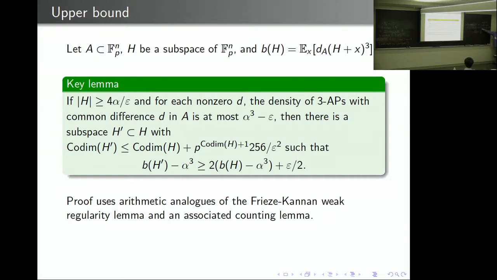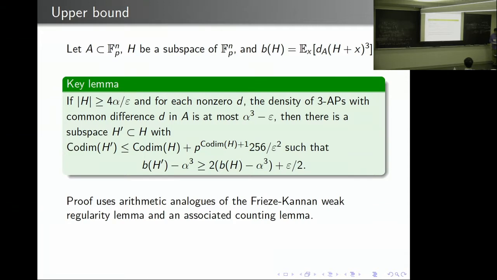And you can write this difference as a telescoping sum of 3 terms, and each of them has an f minus f_H in it, and each of them is bounded. And then you can apply Cauchy-Schwarz and Parseval's identity and use this property. We have a formula for this in terms of Fourier coefficients to start with, and then you can quickly get the counting lemma from that.